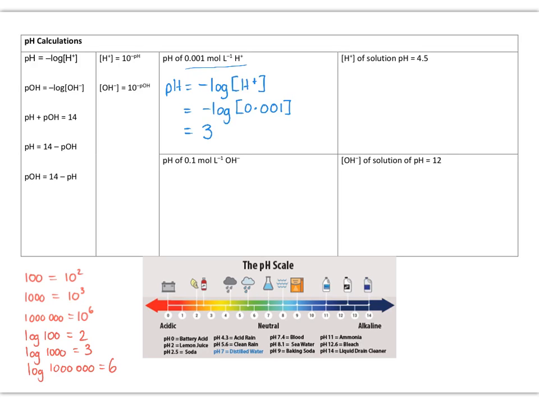So log of that number is minus 3, but minus a minus makes it a plus if you're following along on your calculator. So that's how we work out the pH of an acid. Hopefully with a bit of practice that's fairly simple.